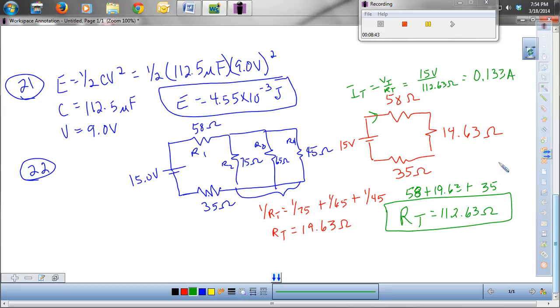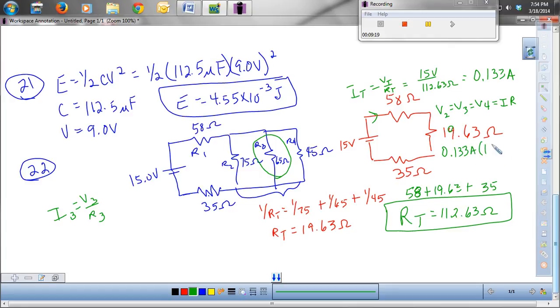And then the hardest part was they wanted to know what was the current right here. Well, I said I3 is equal to V3 over R3. Well, I don't have V3, but the cool thing is I know the voltage here, here, and here is the same, so if I can find the voltage here, then I will know V2, V3, and V4. So V2 equals V3 equals V4. To get that, it's going to be I times R. So I'm going to say that my I that went into that group was 0.133 amps.